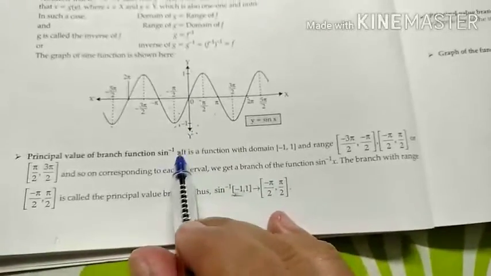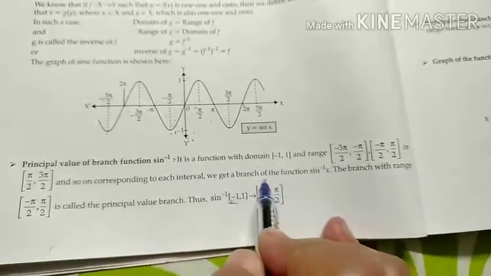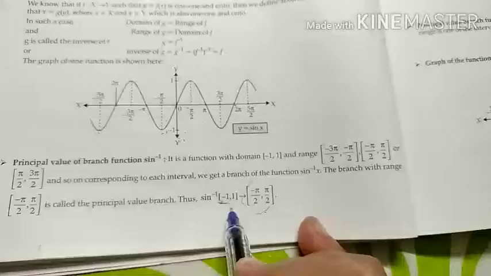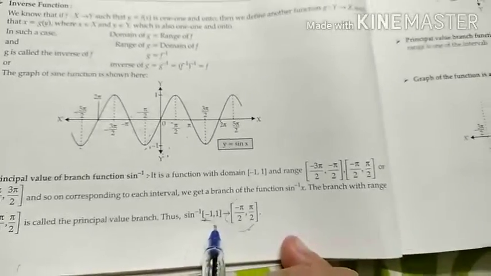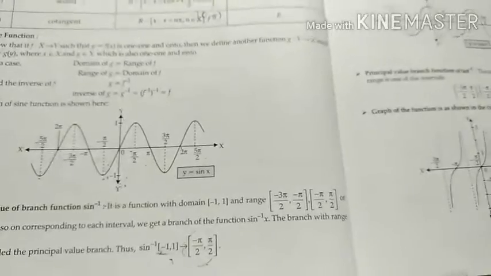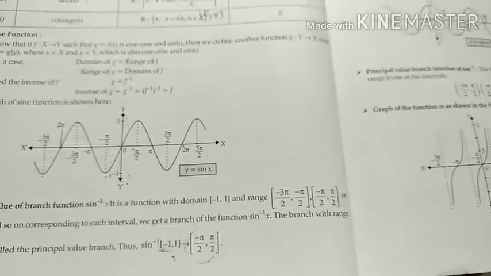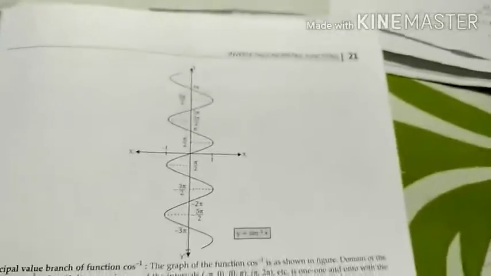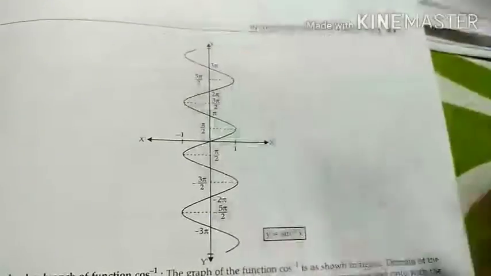But if we go with the sine inverse, the principal value is this one, because this is the range of sine inverse and this is the domain of sine inverse. In other words, whether it is sine theta or sine inverse theta, whatever range value is there, that is considered as your principal value. So that is the figure of the sine inverse.